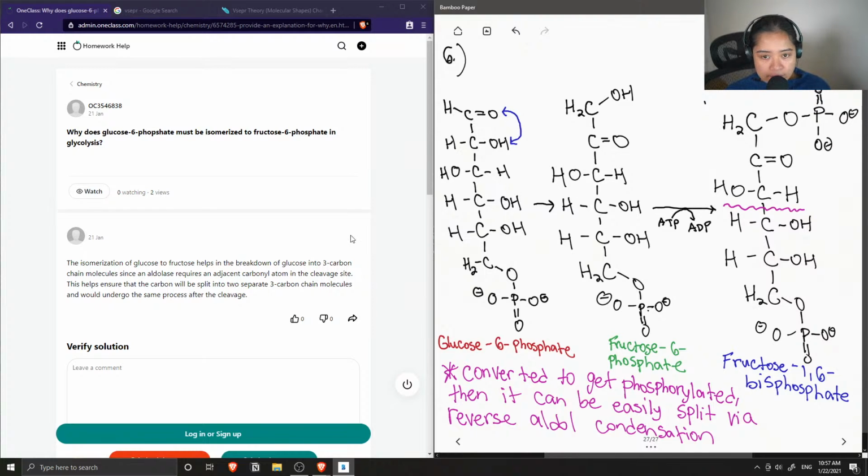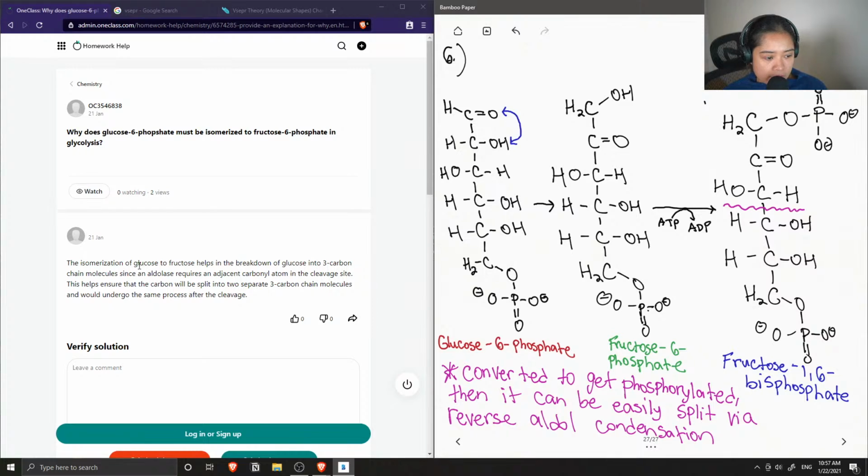Okay, so let's see what the junior tutor said. They said that the isomerization of glucose to fructose helps in the breakdown of glucose into 3 carbon chain molecules, since an aldolase requires an adjacent carbonyl atom in the cleavage site. This helps ensure that the carbon will be split into 2 separate 3 carbon chain molecules and would undergo the same process after the cleavage.